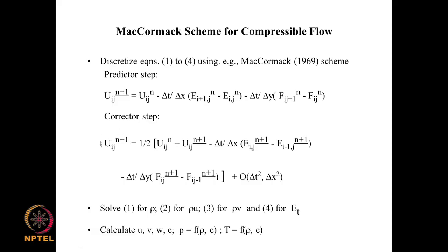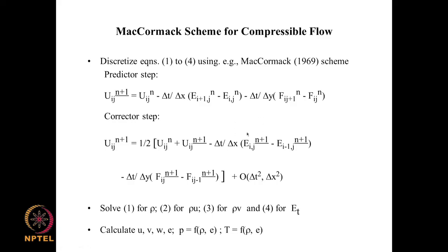Now, if you come to the corrector step, this u i j n plus 1 value is expressed in terms of u i j n, this is known, and u i j n plus 1 bar is already evaluated. So, this is known here, and e i j n plus 1 bar is known because you have already evaluated all the u, v, p, w and rho, temperature, all those things.